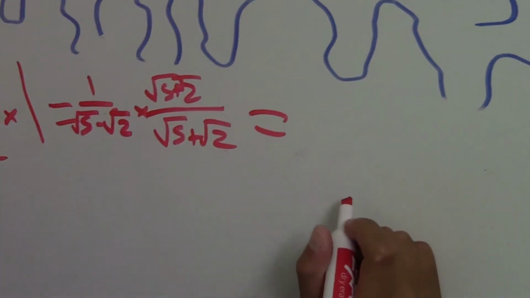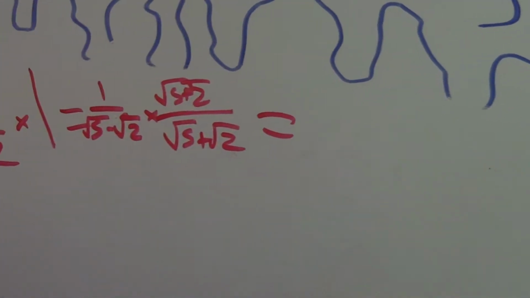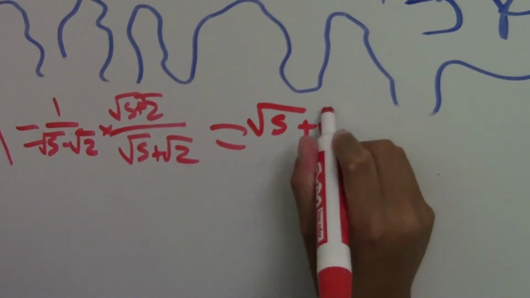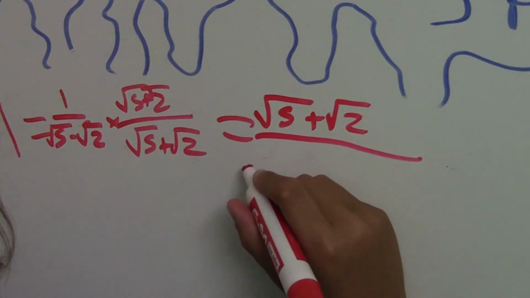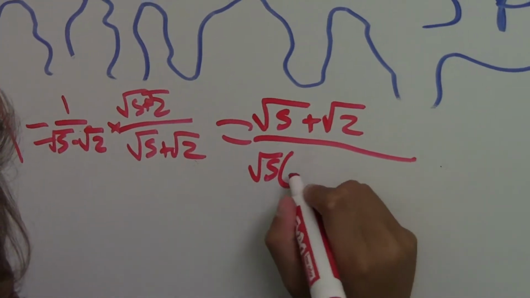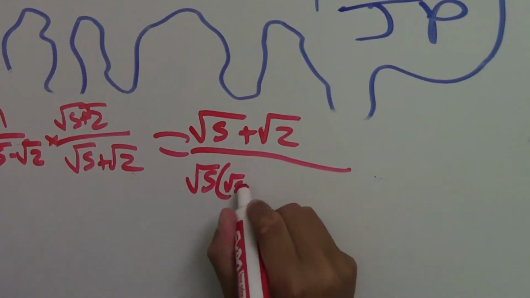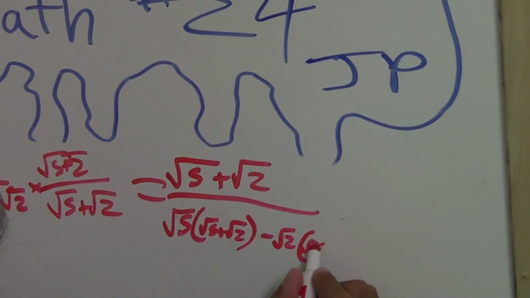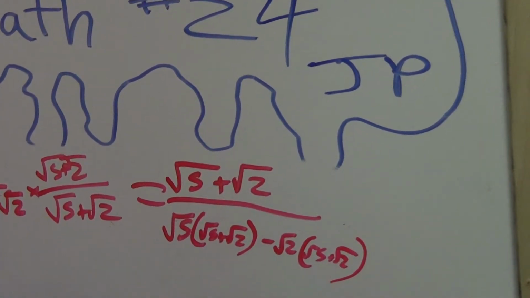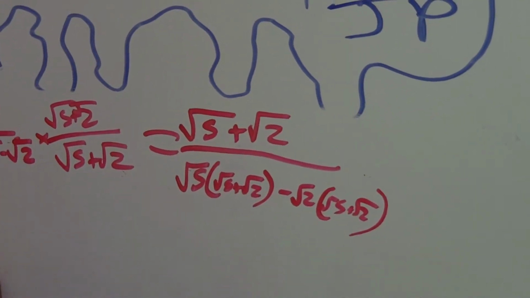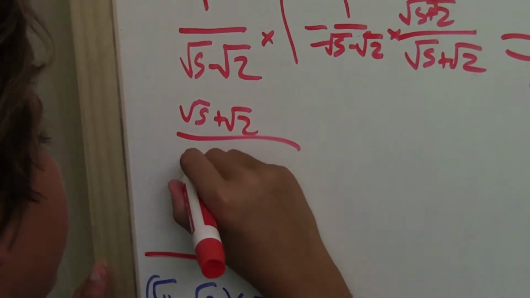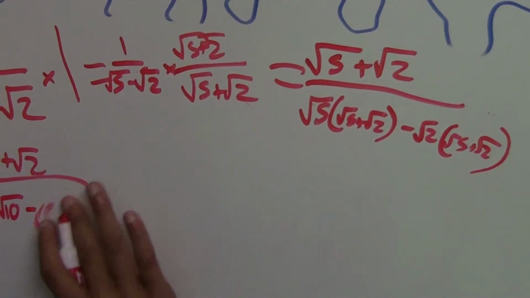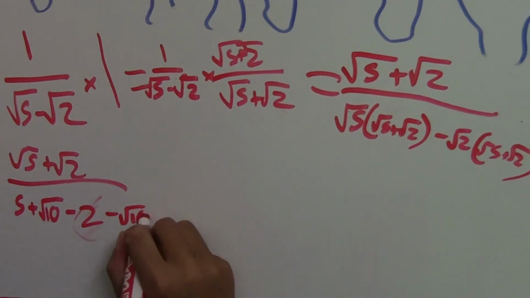And after that, we do the square root of 5 plus the square root of 2 over the square root of 5 plus the square root of 2 times the square root of 5 minus the square root of 2. That gives 5 plus the square root of 10 minus 2 minus the square root of 10.